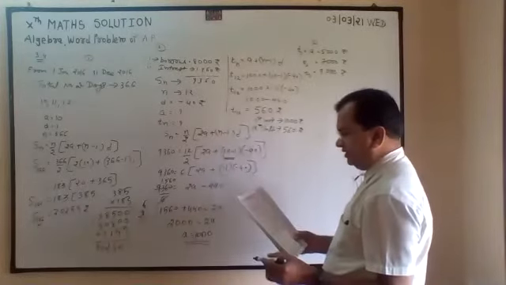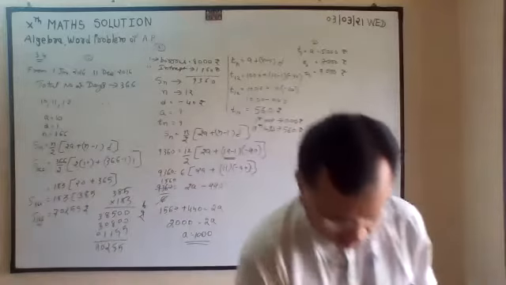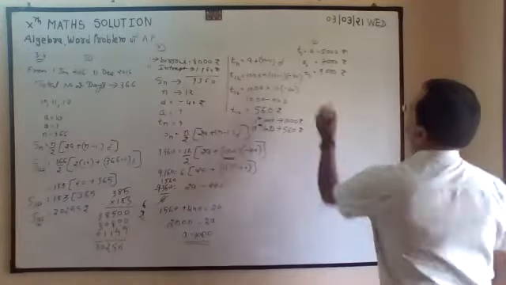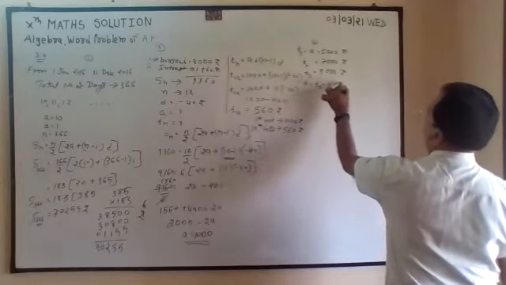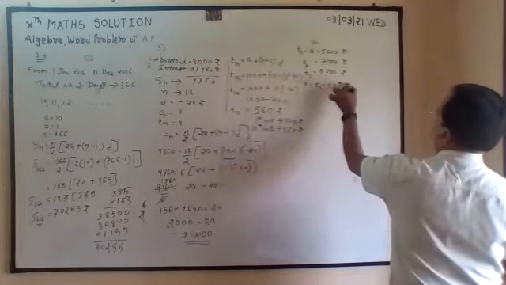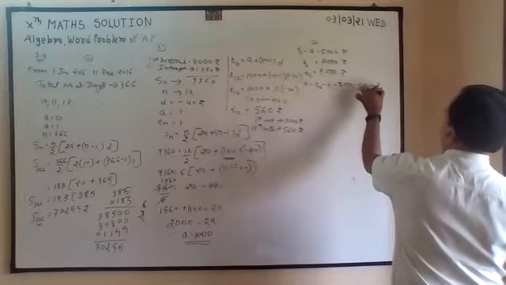Find the total investment in 12 years. This is a yearly installment. So the difference is T2 minus T1, which is 7000 minus 5000, equal to 2000.